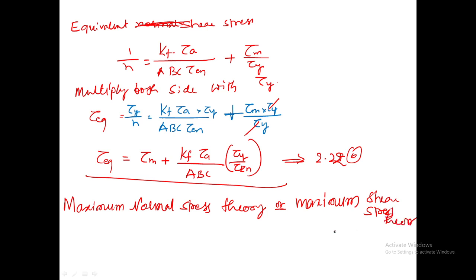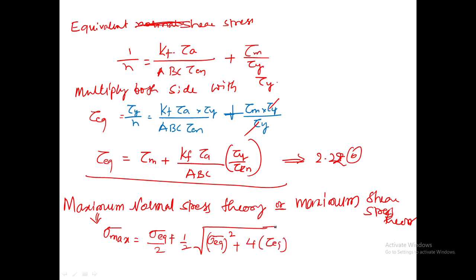So now in this case, according to the maximum normal stress theory, sigma max equal to sigma eq divided by 2 plus 1 by 2 square root of sigma eq square plus 4 tau eq square.